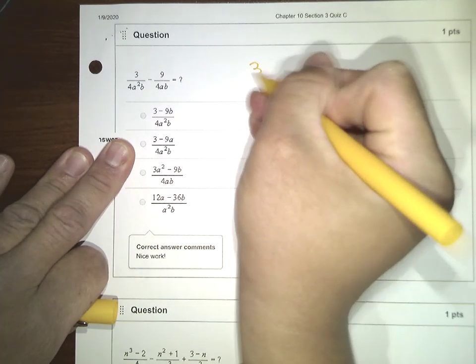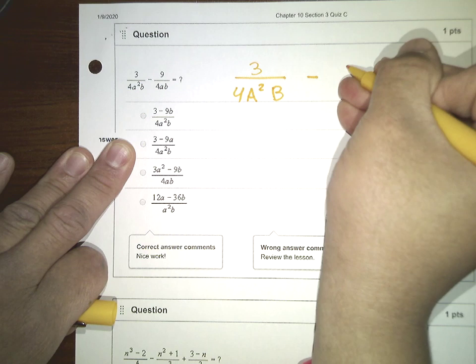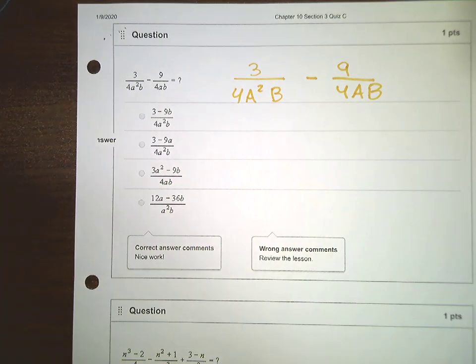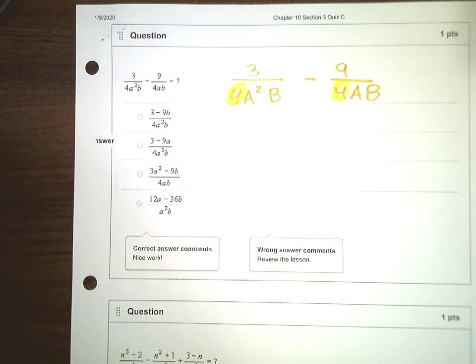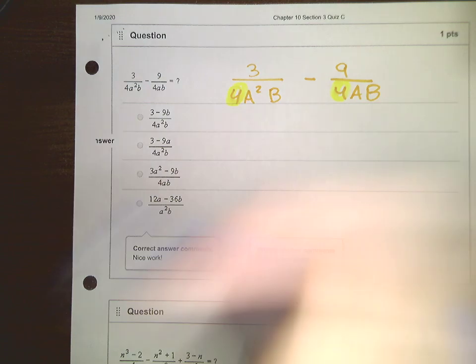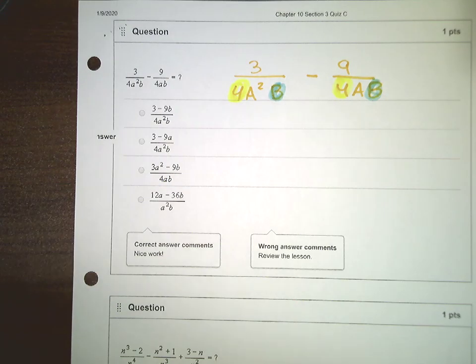So I have 3 over 4a squared b minus 9 over 4ab. So I see that both denominators have a 4, and both denominators have a b, and then one of the denominators has 1 a, and the other denominator has 2 a's.